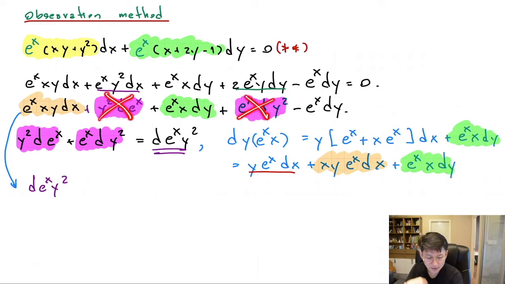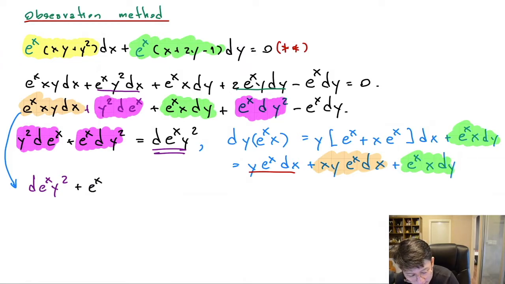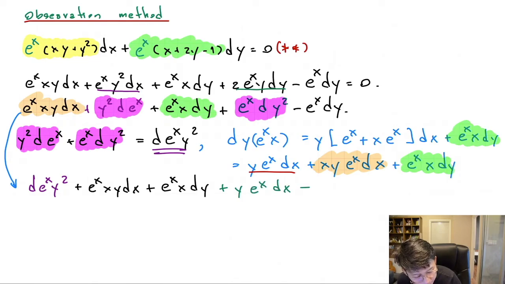And then I have e to the x xy dx plus e to the x dy. And then if I plus y e to the x dx, okay, I'll use other colors, and then I need to minus it out, and then minus e to the x dy.